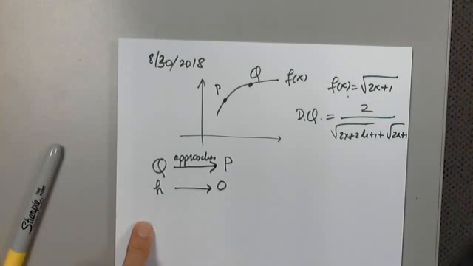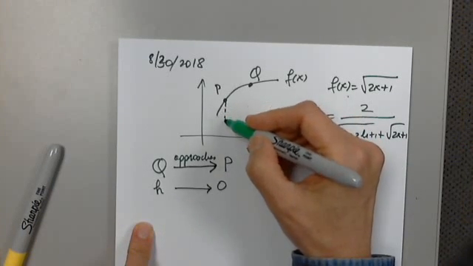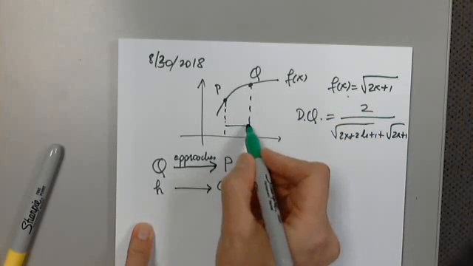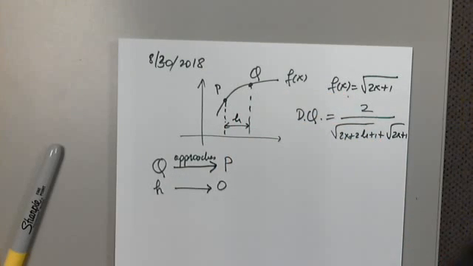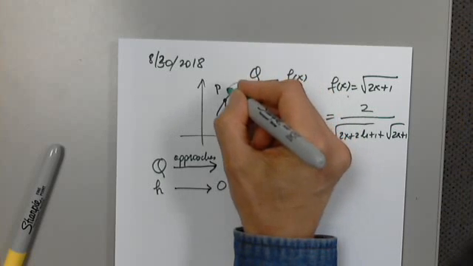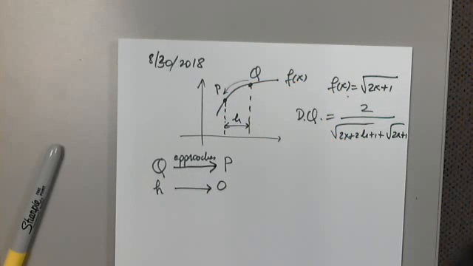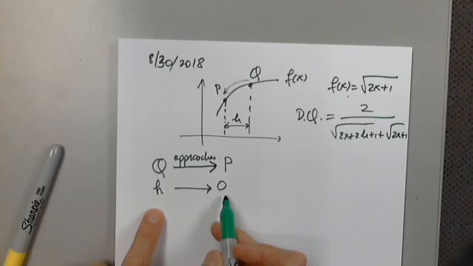Awesome. Do you all agree? Because this is exactly what we had. This was the distance called h, correct? So as I bring Q closer and closer to P, I bring it so that it's not P, but it's close, then h definitely approaches 0.